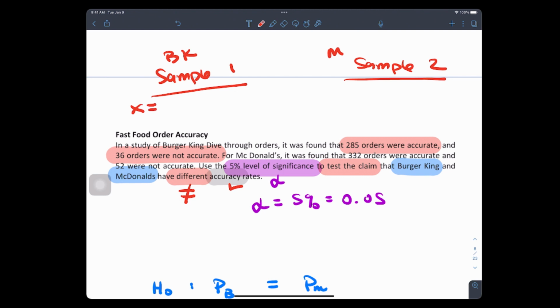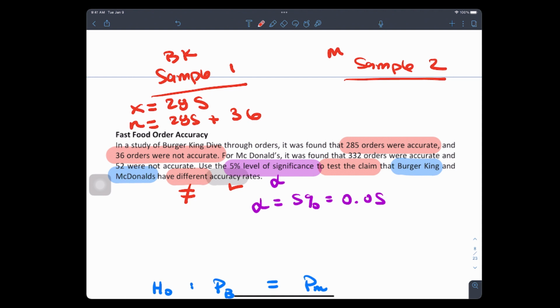The orders that were accurate. Is that true? Okay. But then what's the sample size? Anybody know? Isn't it 285 plus what? 36.